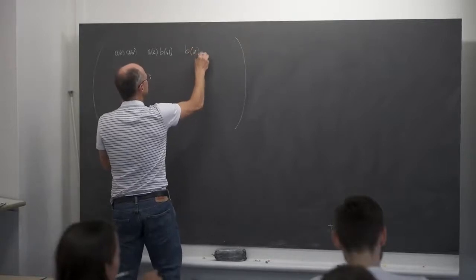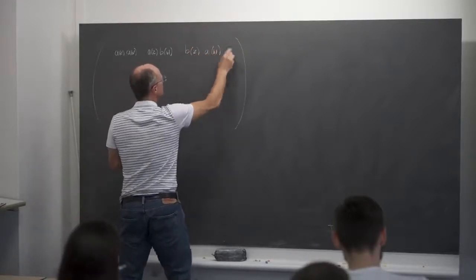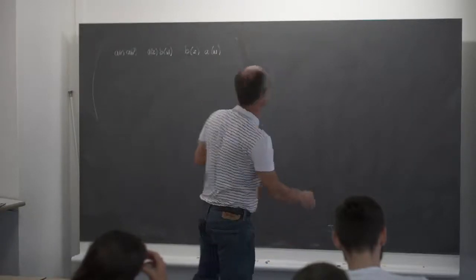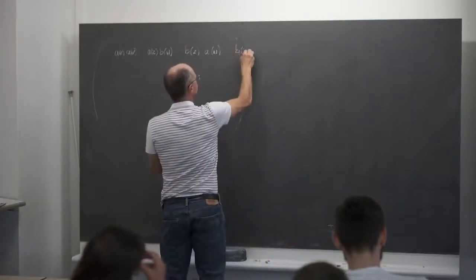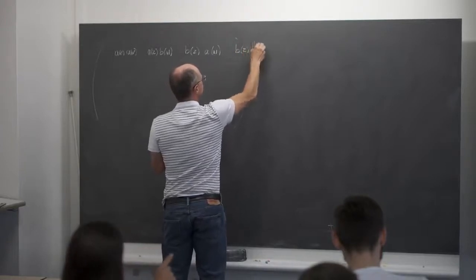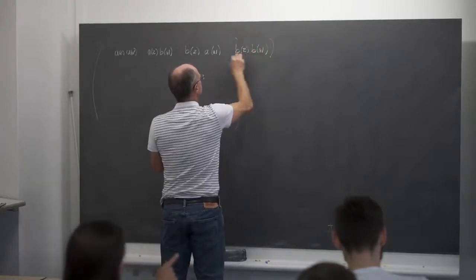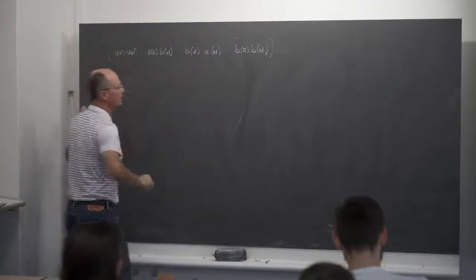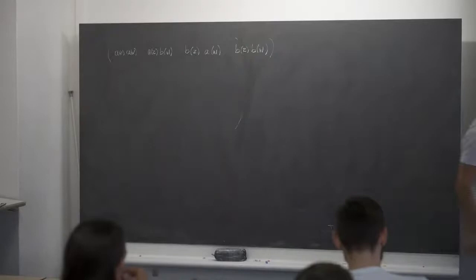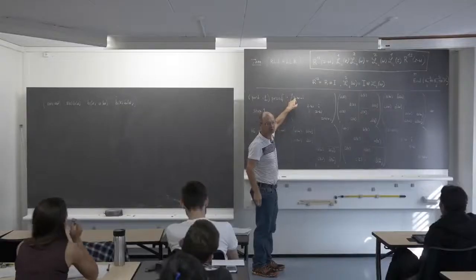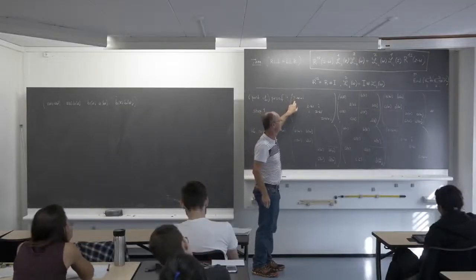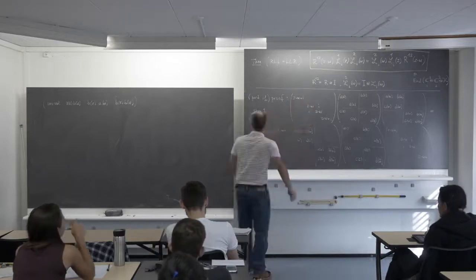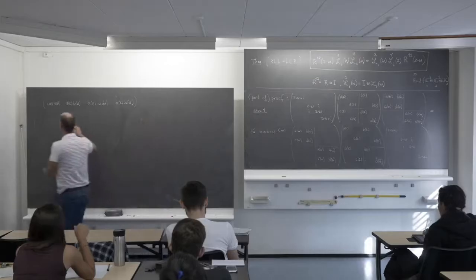B of Z, A of W. And then the last one is B of Z, B of W, right? Right, so this is the top row. And then you see, fortunately here this matrix is so easy, it will be simply all multiplied by Z minus W plus I, right?